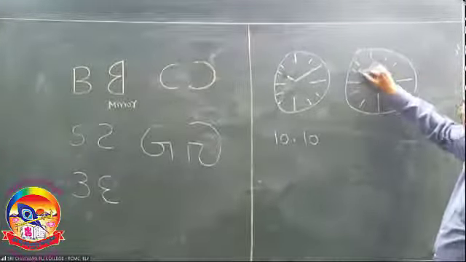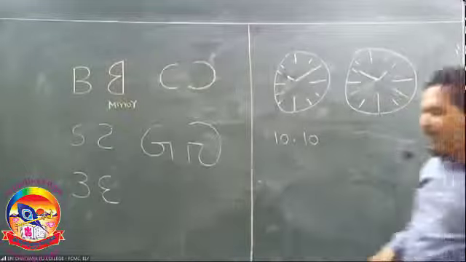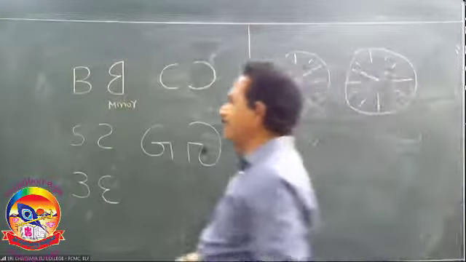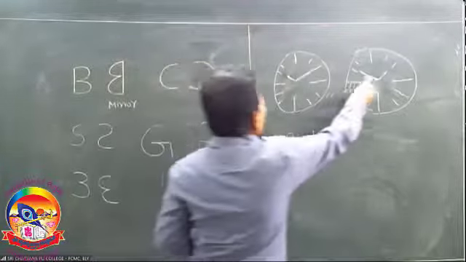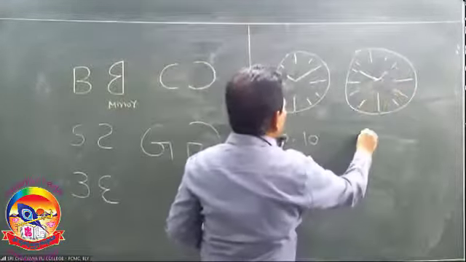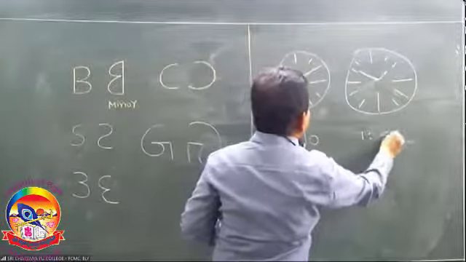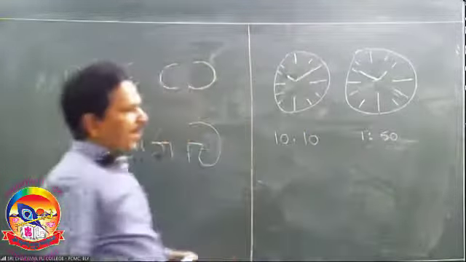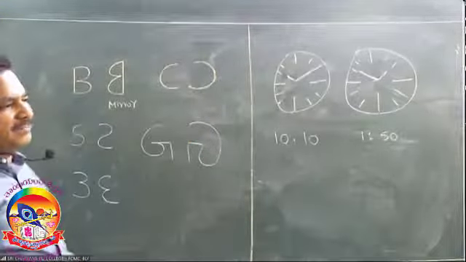This is the time. Means what is the time now? It has not yet crossed 2. The time is 1:50.